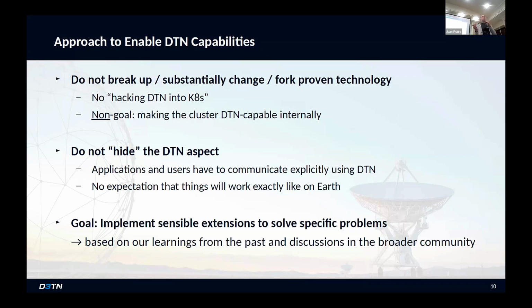This is I think also related to Rick's talk yesterday. We can do a whole lot of further things to make the integration easy. But at this point, we are only taking a look at the transport, and we don't want to make the DTN aspect transparent in there. And so, in general, the goal for us is to implement sensible extensions to solve the specific problems of cluster external DTN communication.